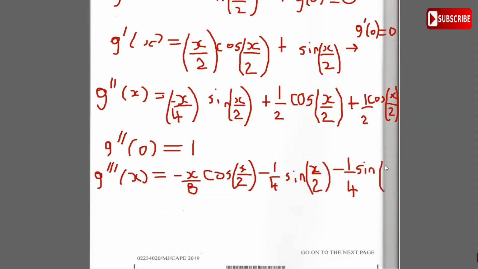Then we're going to have to differentiate this now. Why didn't I just do this? A half cos x over 2 plus a half cos x over 2 is just cos x over 2. Since you just have cos x over 2, you can just change this to minus a half sine x over 2.